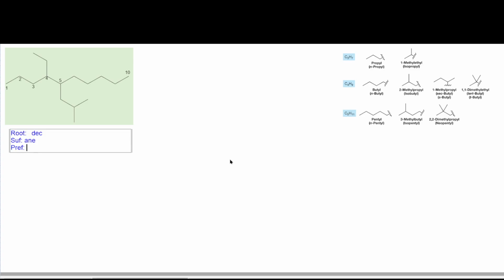Then the prefix. The prefix tells us how many and what substituents are attached to the longest carbon chain, and we have to provide the locant as well. Locant means at what carbon number it is attached. So here I have my ethyl group. Ethyl is nothing but CH3CH2.